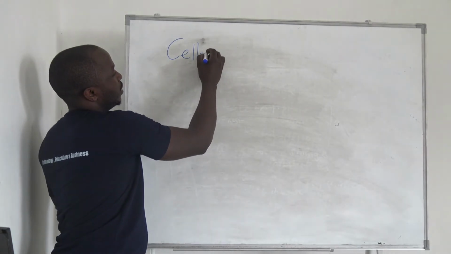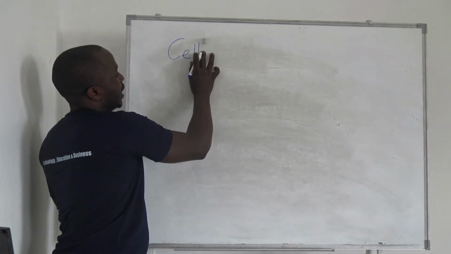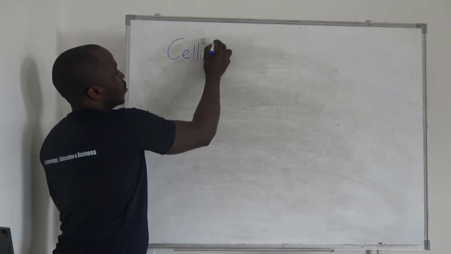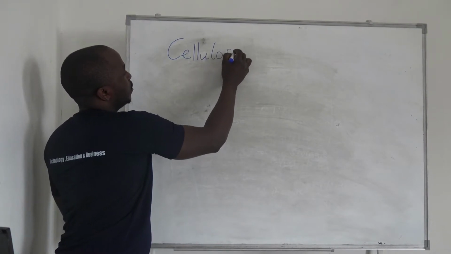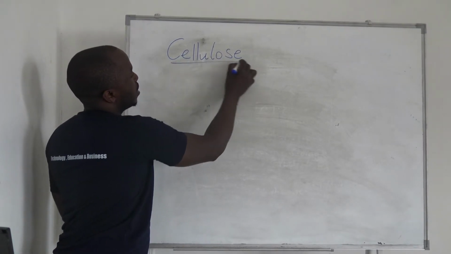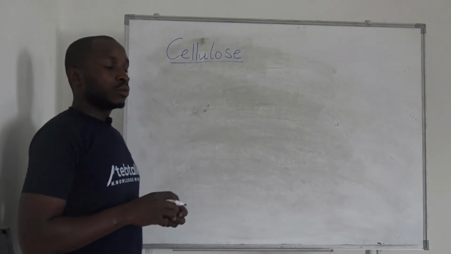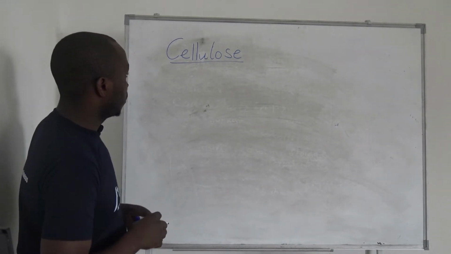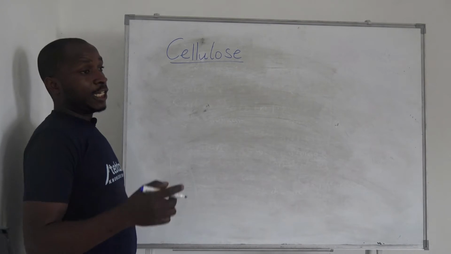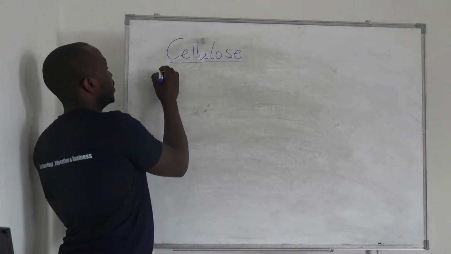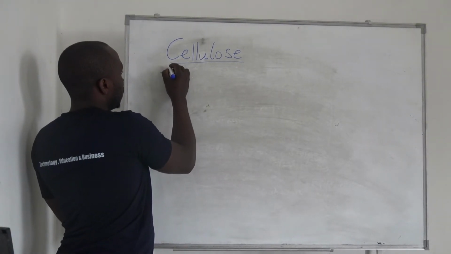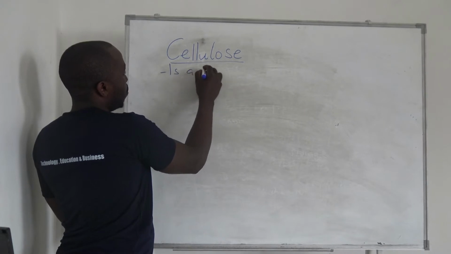called cellulose, another polysaccharide called cellulose. So cellulose is a polysaccharide. We already know that.